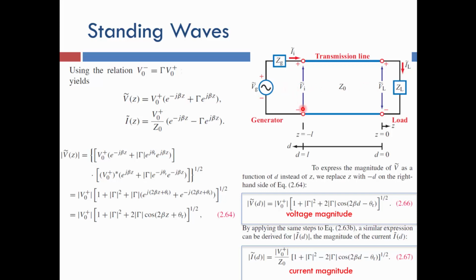So let's explain that. As we said, the voltage along this transmission line is represented by the superimposition of the traveled and the reflected components, and here we are using the reflection coefficient to represent the reflected component, and the same thing for the current.